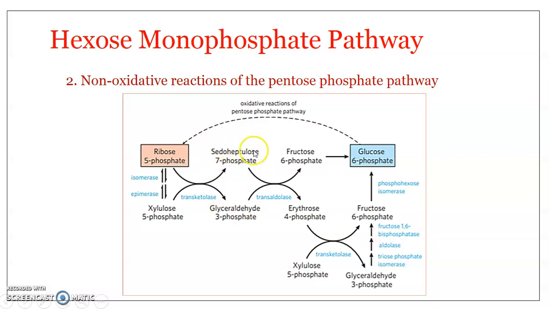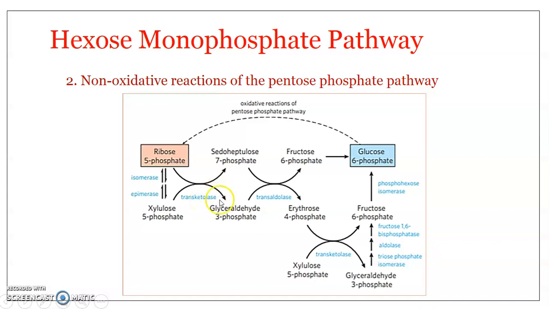It is a ketose containing 7 carbons, and this is an aldotriose, that is a triose with an aldehyde. The whole reaction is catalyzed by transketolase. This enzyme requires the presence of thiamine pyrophosphate, that is TPP, and also magnesium ion for its activity.